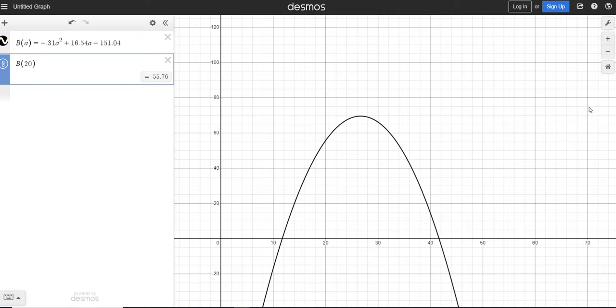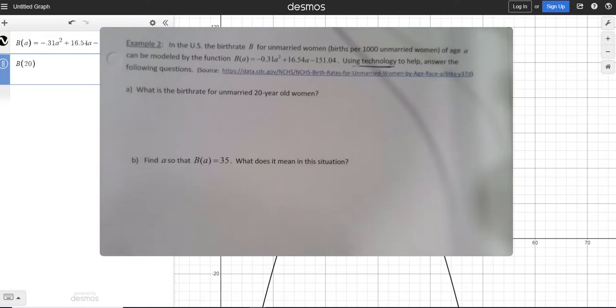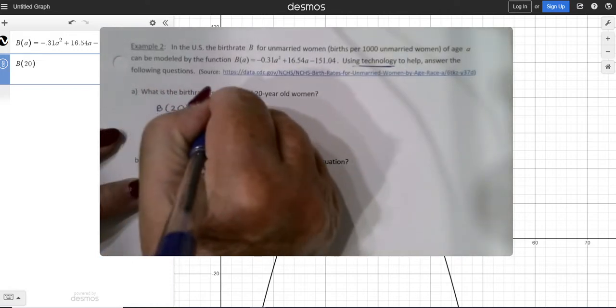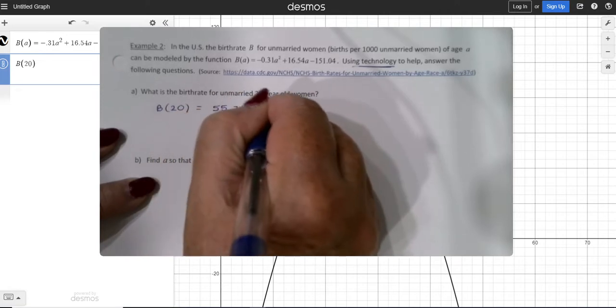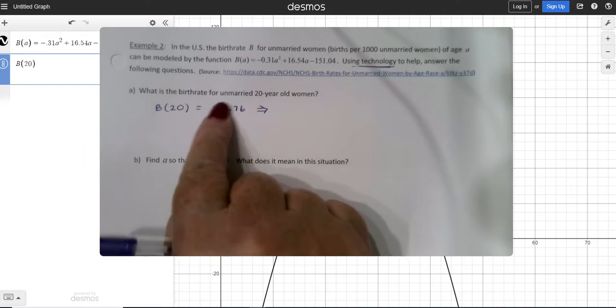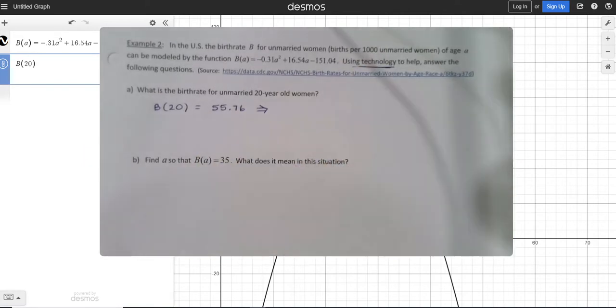And it's about 55.76. So when I found B of 20, 55.76. And just a reminder, that would mean that there were just about 56 births per 1,000 unmarried 20-year-old women.